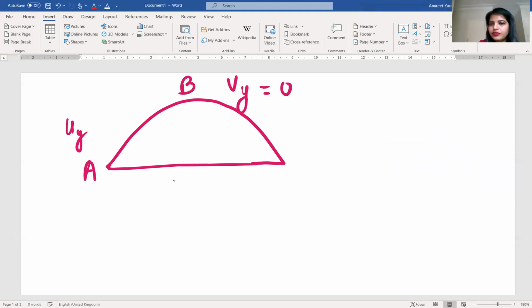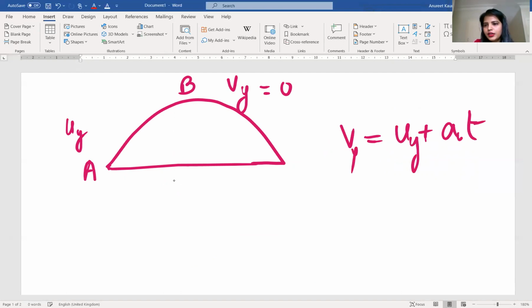Again, I have the first equation of motion, v equals u plus at. So vy equals uy plus ay t, and there is no horizontal and vertical component for time, the reason being that time is a scalar quantity. Now vy is 0, uy is u sine theta. Again, I'm considering motion from point A to B, so my acceleration is negative g, and this is t.